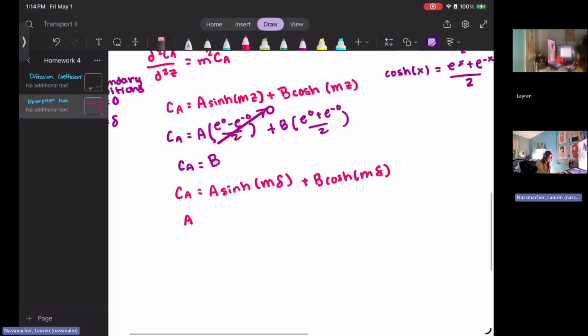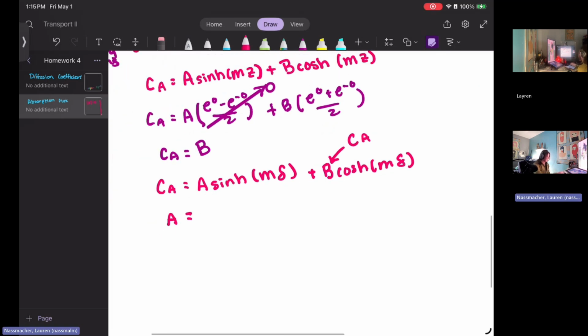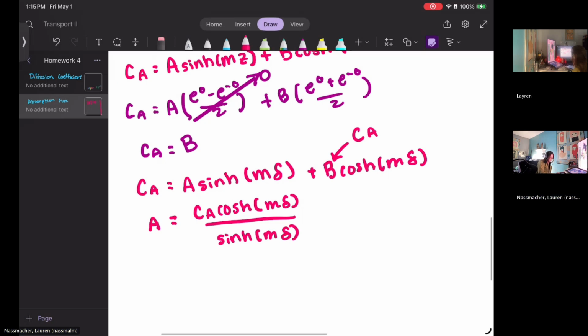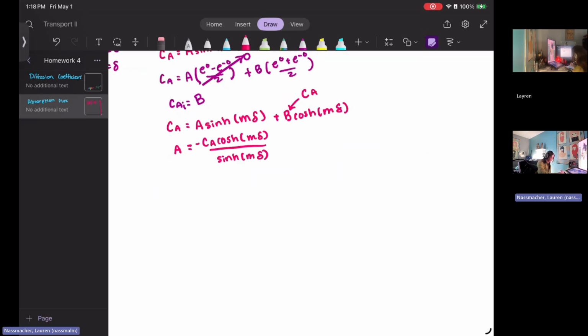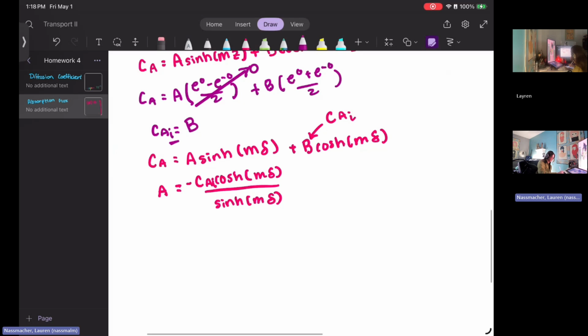So A is going to be equal to, since our B is also a concentration, the concentration times hyperbolic cosine divided by hyperbolic sine. Yeah, this should also be negative concentration. And we'll say this is the concentration at the interface for all these problems, just so there's a differentiation.